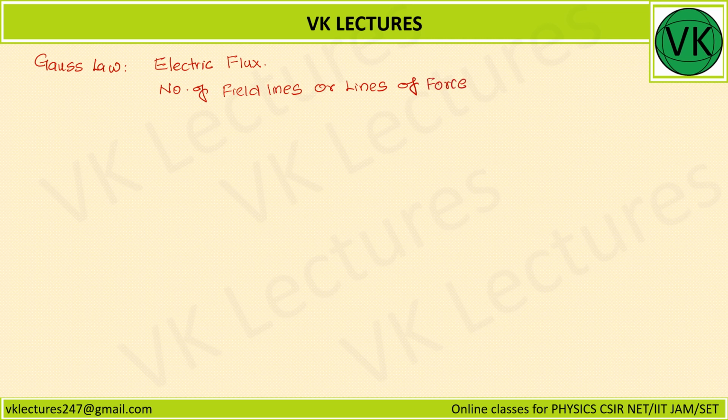So it is the number of field lines or lines of force passing through a unit area. If the number of field lines are more, the electric flux is higher. And since it's a number of field lines in a unit area, the flux is a scalar quantity.